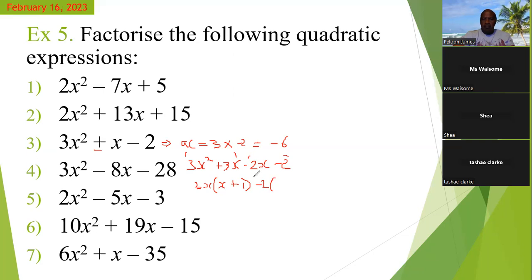So -2 into -2x gives you x, sir, and -2 into -2 gives you a +1. And so the HCF for that group is x plus 1. Next bracket is 3x minus 2.